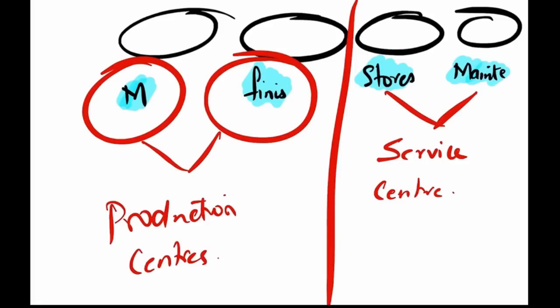So I told you I'll be dividing my cost centers into two, production and service. Before I start any process, again I'm repeating, I need to identify the various cost centers which are involved and then identify which are the production centers and the service centers.